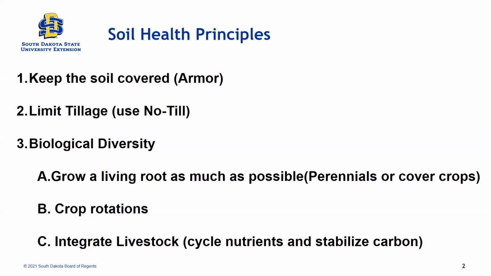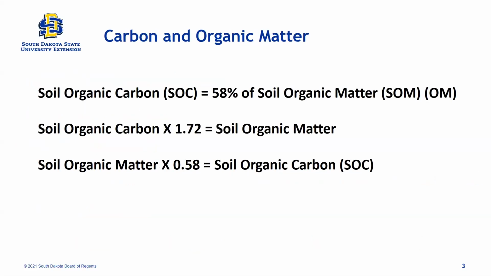Just learn these principles and focus on these principles, and you can help diagnose a lot of problems out there if you understand these. So just a simple organic carbon to organic matter conversion here. I know a lot of the soil tests only have organic matter, and like Hans said, 58% is soil carbon. So these are the two equations that you can use to quickly convert soil organic matter to organic carbon.